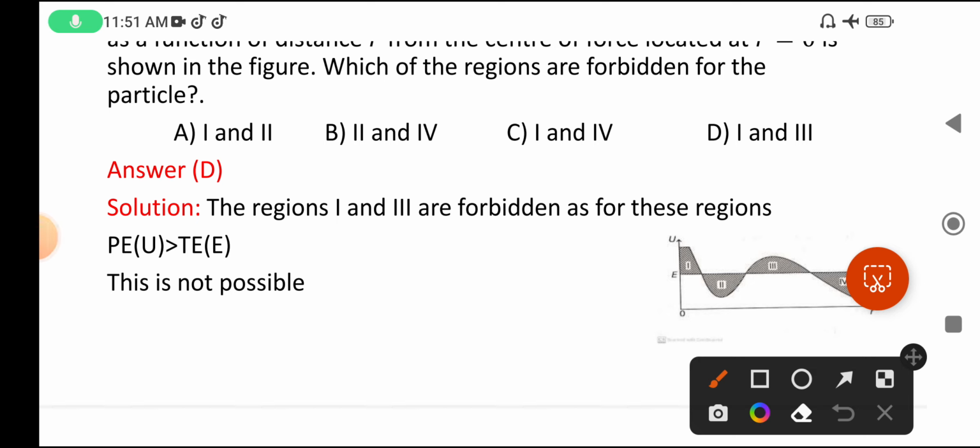Either it equals the total energy or it must be less. Not greater. That is why regions 1 and 3 are forbidden, not possible. So the answer is D.